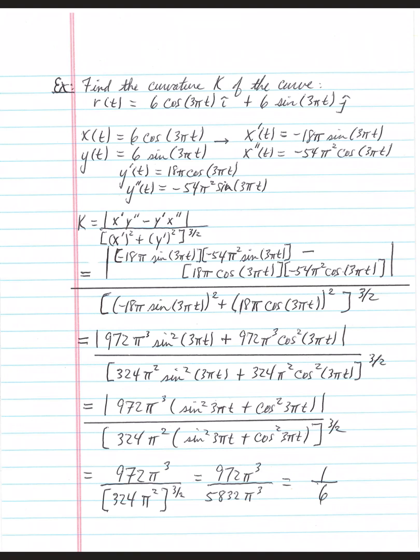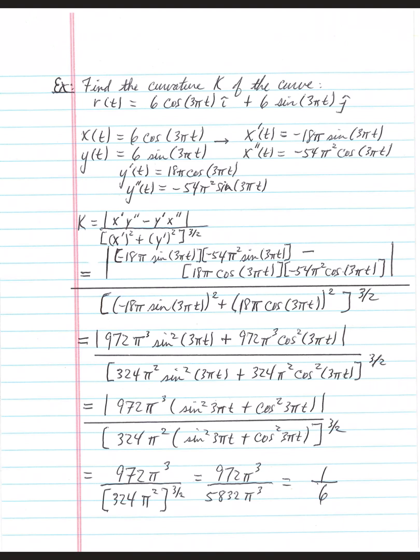Second derivative of x would be negative 18 pi cosine 3 pi t times another 3 pi from chain rule. That gives us negative 54 pi squared cosine 3 pi t. For the y component, take the first and second derivatives. You'll find that you get these two as your derivatives.